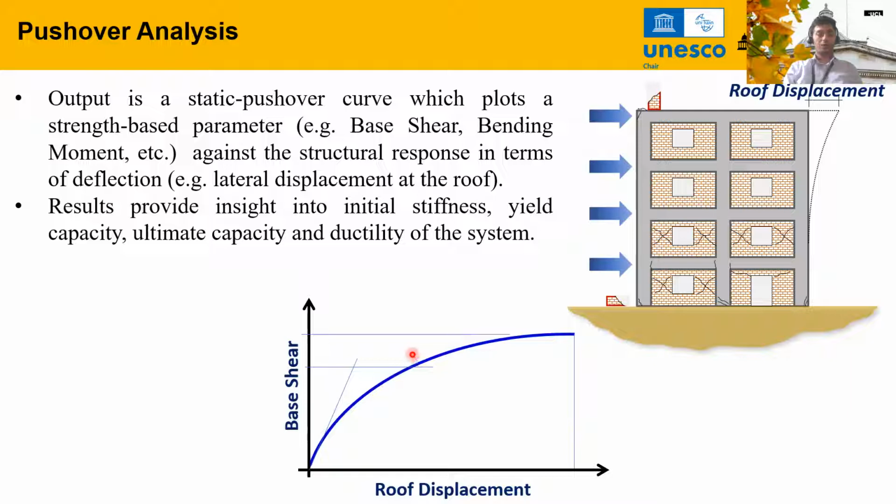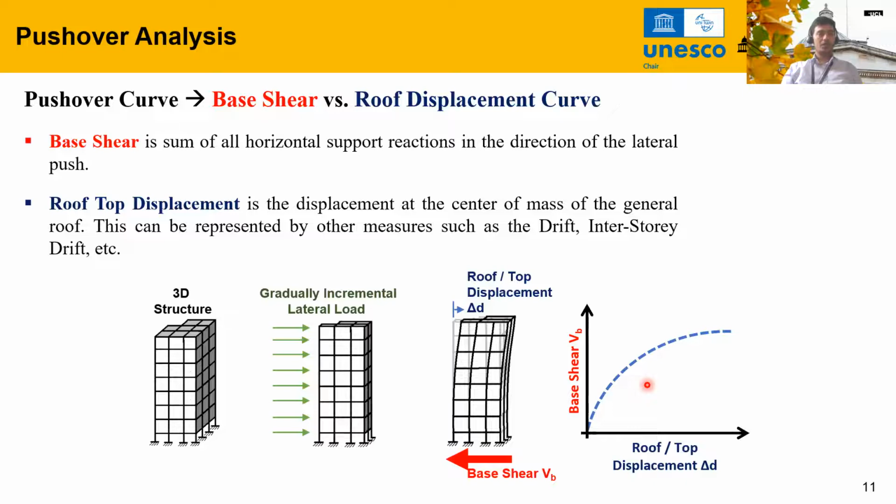So that's the yield point, for example, here. And how far the maximum strength reaches in the nonlinear range, and how much ultimate ductility we have for our structure. So even this simple pushover curve can provide a range of useful engineering parameters that can inform our design or analysis.